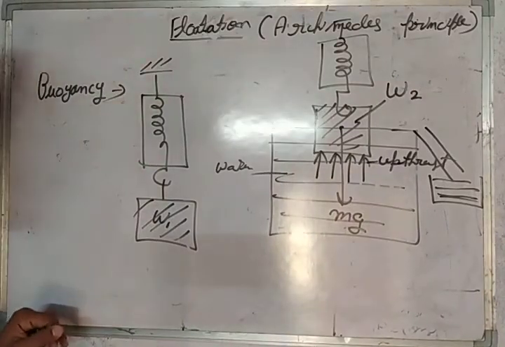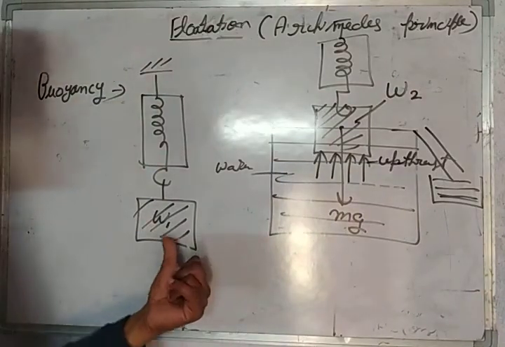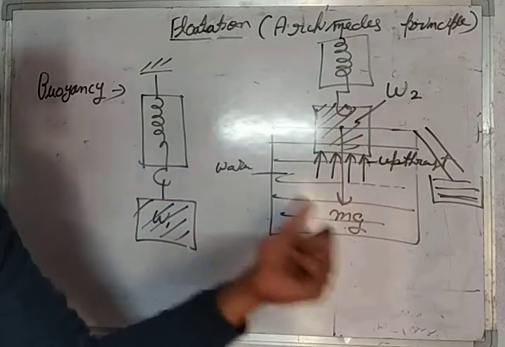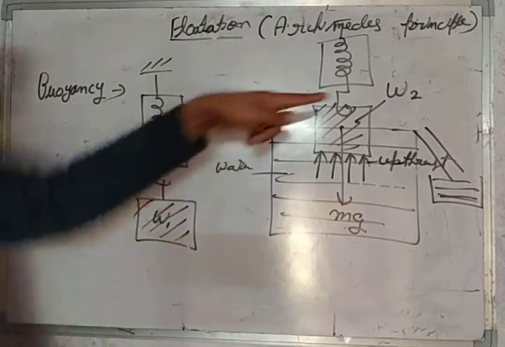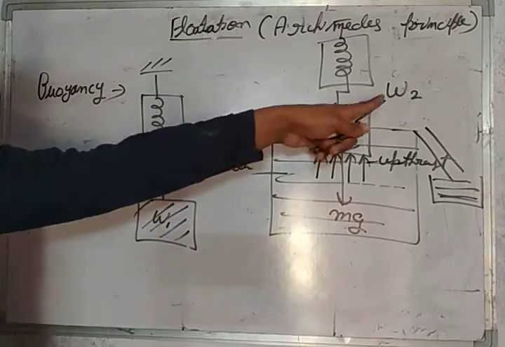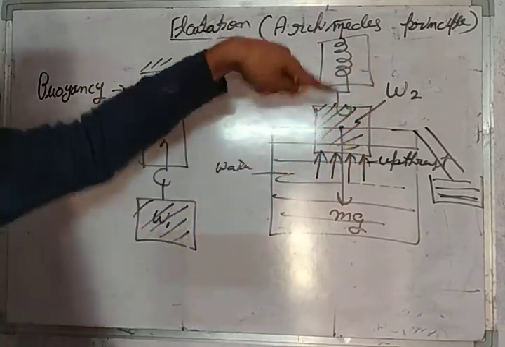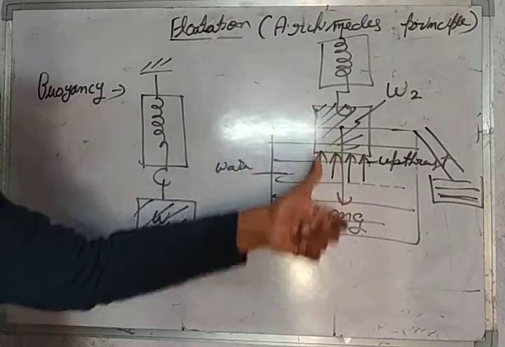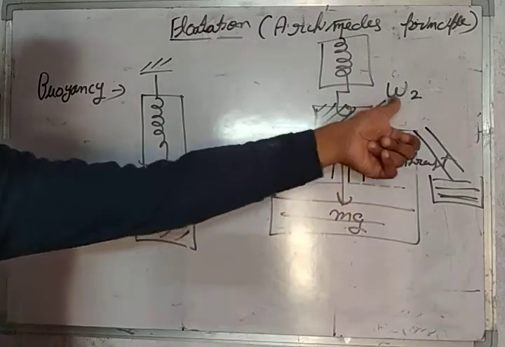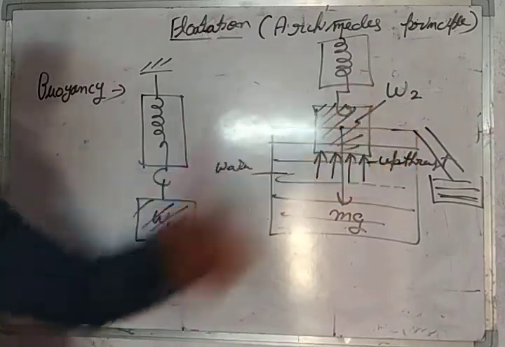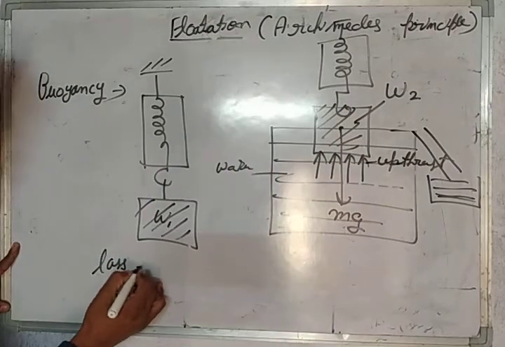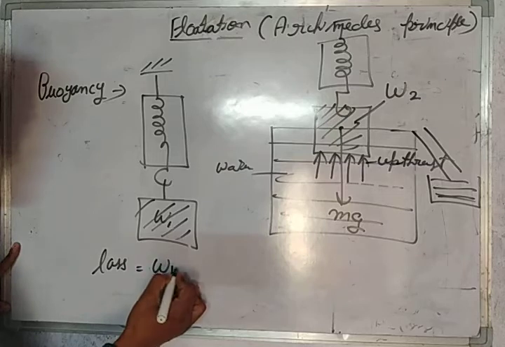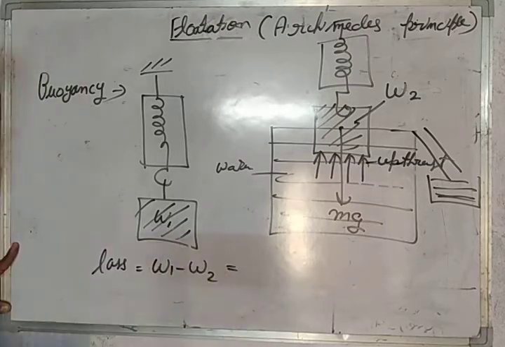Can anybody tell me which one will be greater, W1 or W2? The answer is W1, because W2 will be smaller than W1, because this body is experiencing an upward force. Then how much is the loss in the weight? The loss in the weight is W1 minus W2.